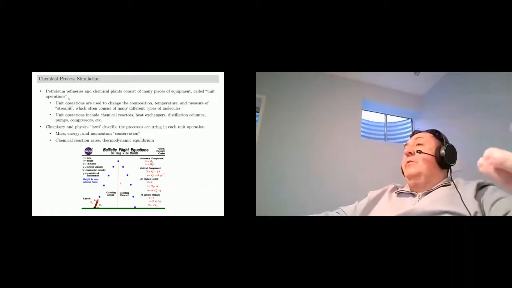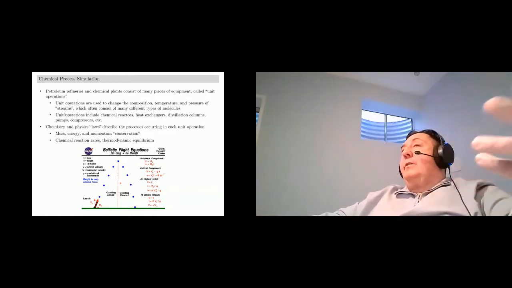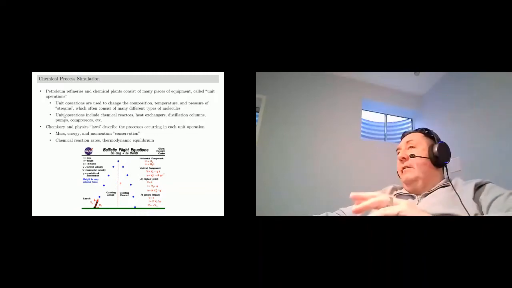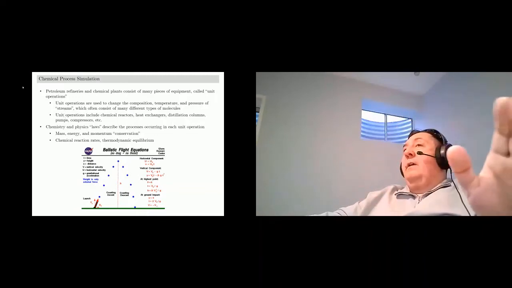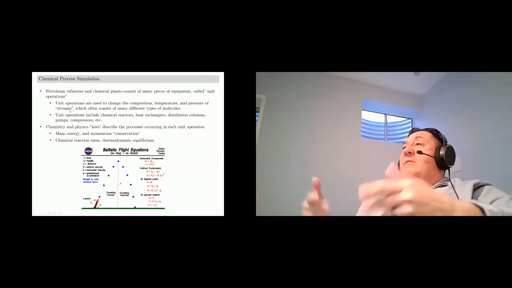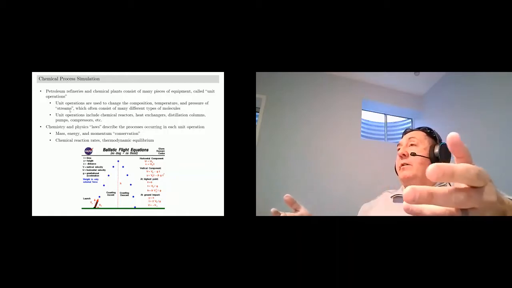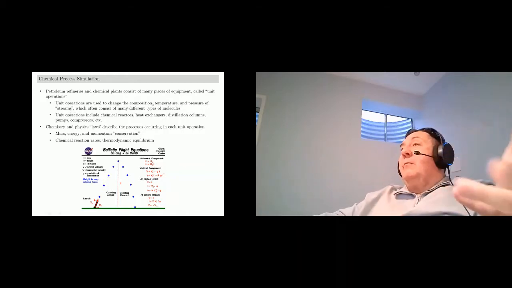Unit operations can change the chemical composition, the temperature, the pressure, the phase conditions, etc., of streams. And a stream can consist of many different types of molecules. You might have a stream that's just liquid water. You might have a stream that's liquid benzene.